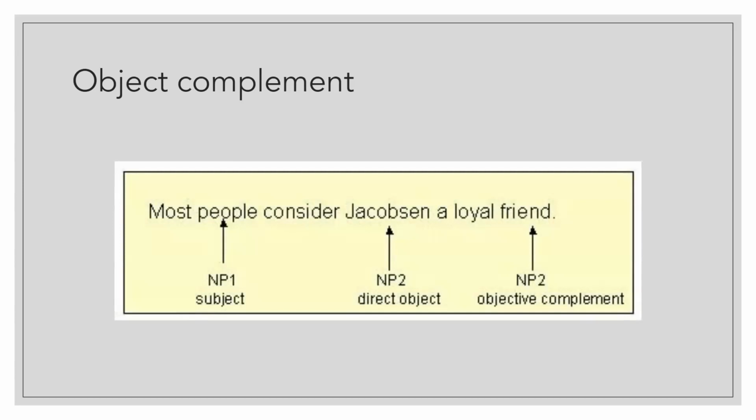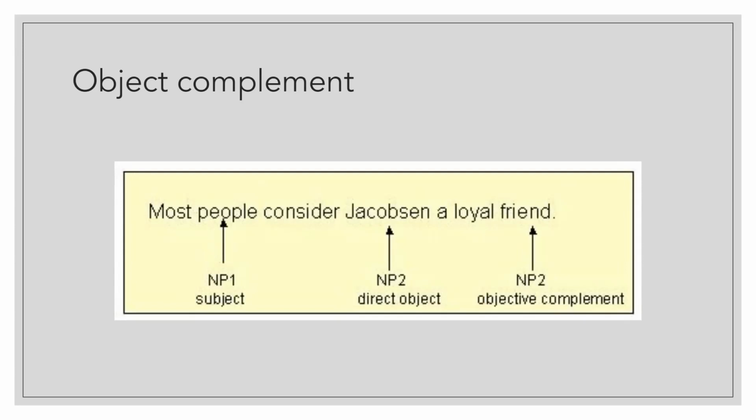So a verb like consider, if I consider someone my friend, those two noun phrases are the same. Most people consider Jacobson a loyal friend. That object, Jacobson, well, he's my direct object. That's the person that people are considering. A loyal friend is a second noun phrase.